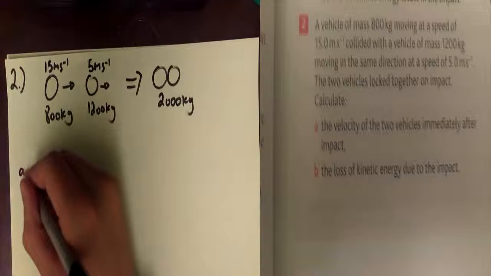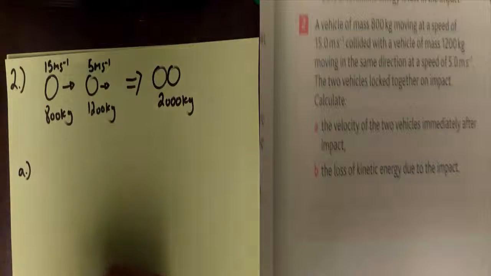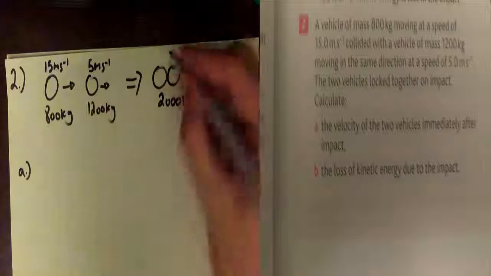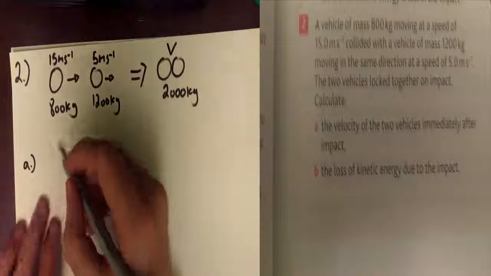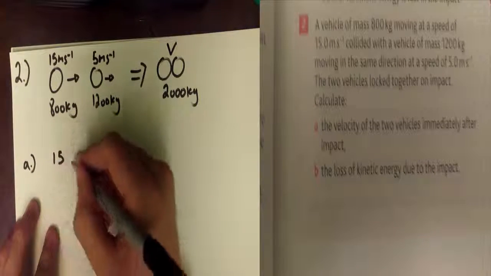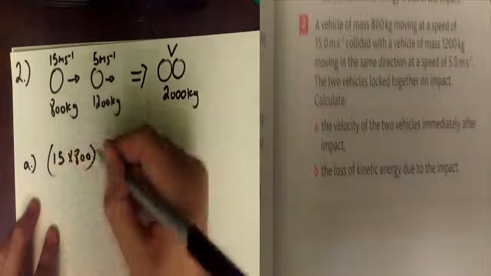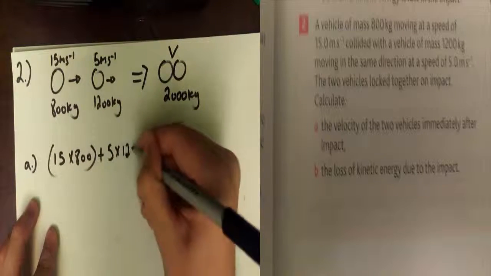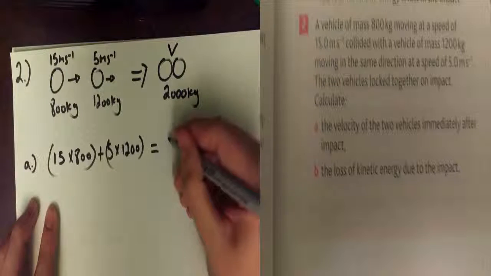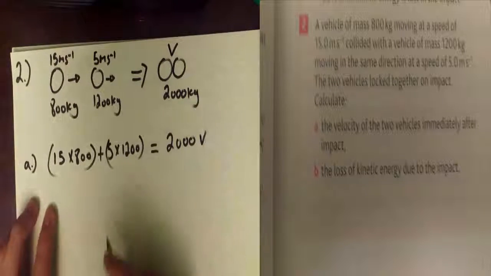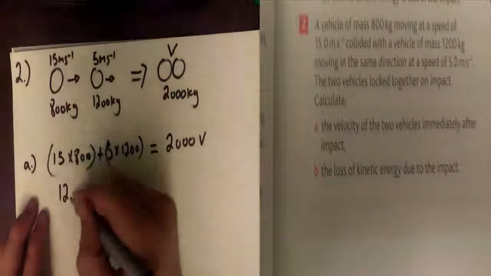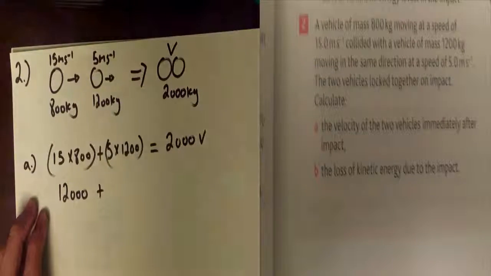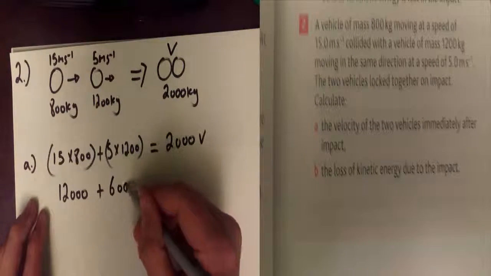In part A, we are asked for the velocity of the two vehicles immediately after impact. Now, in the last video, we tackled these questions. All we need to do is find the momentum of these two before, add them together, and it should equal the momentum afterwards. 15 times 800 is 12,000 plus 5 times 1200, which is 6,000.